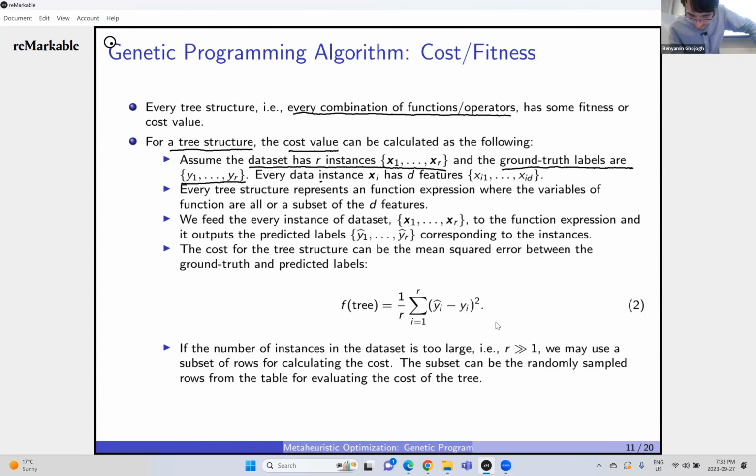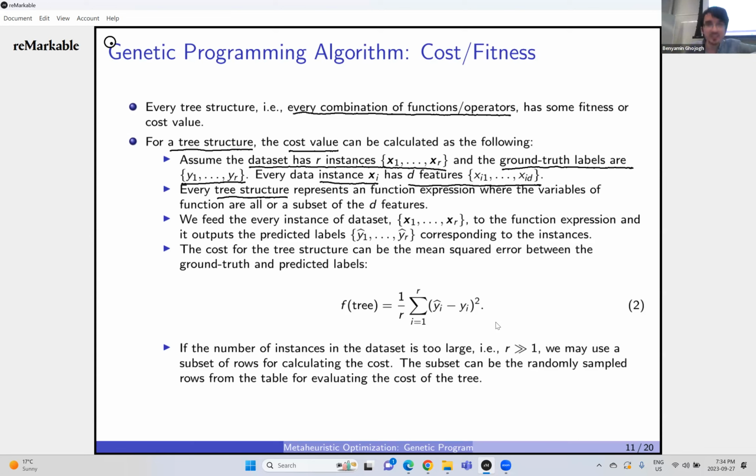Every data instance xi has d features, and I denote the features by xij. Xij is the jth feature of vector xi. i goes from 1 to r. R is the number of data points, and d is the dimensionality of data points, the number of features.